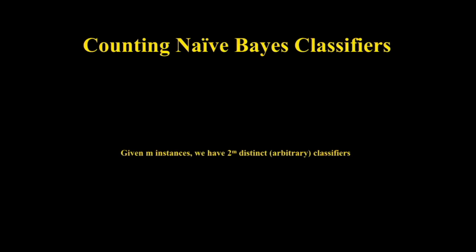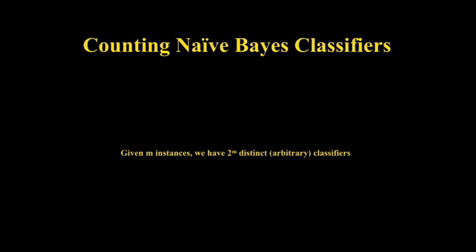Now, if I give you n features, let's say binary, how many instances do you have? Two to the n, correct? This is the number of instances. Let's call that number of instances now m. So now you have m instances, correct? How many classifiers can you build over these m instances?